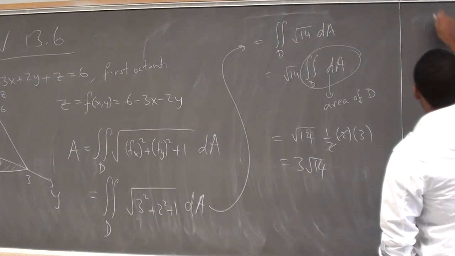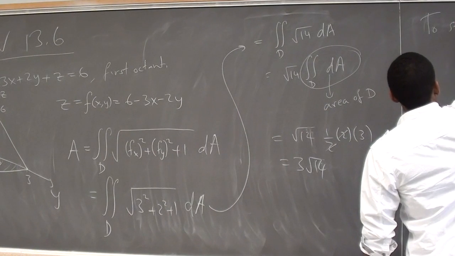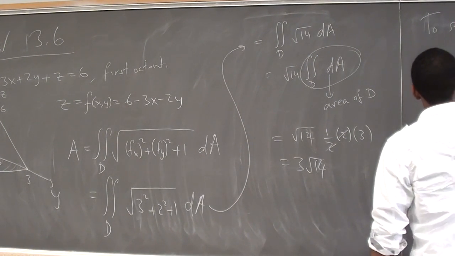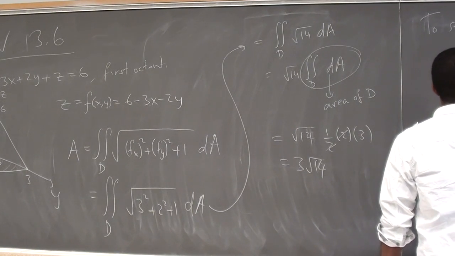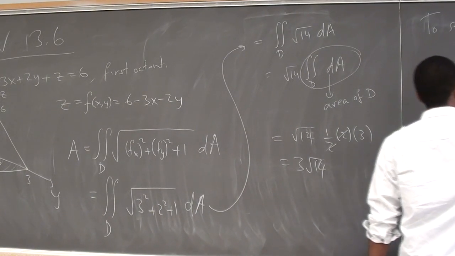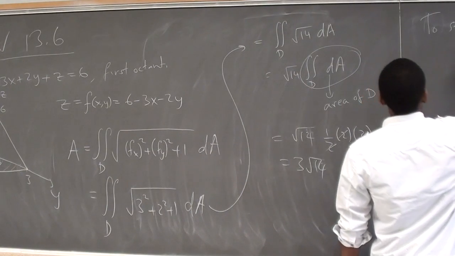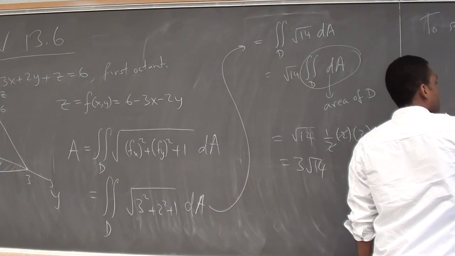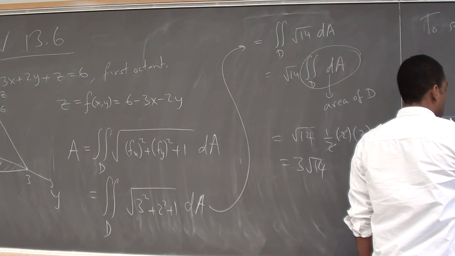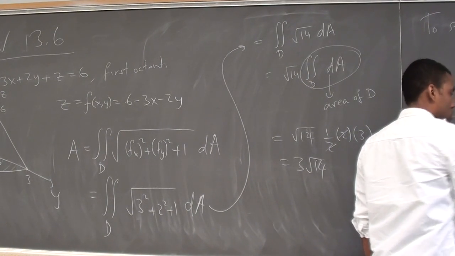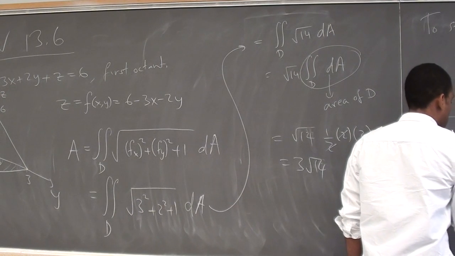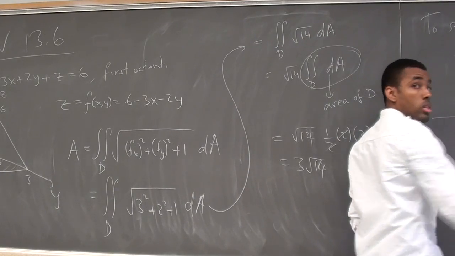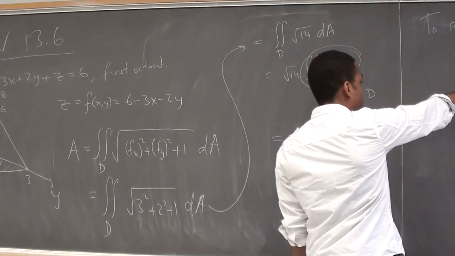If you wanted to set up limits, you can redraw what your D looks like. It's 2 on the x, 3 on the y. This is your D. So I can let x go between 0 and 2, and let y go from 0 up to that function. You want to figure out what that function is.